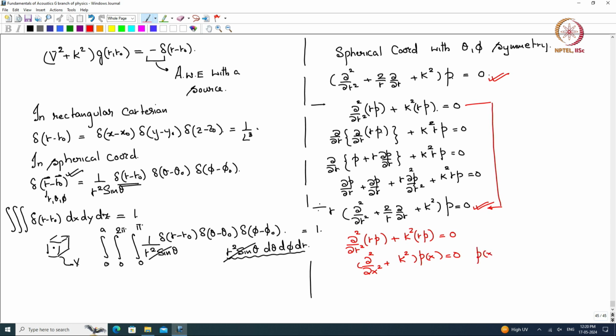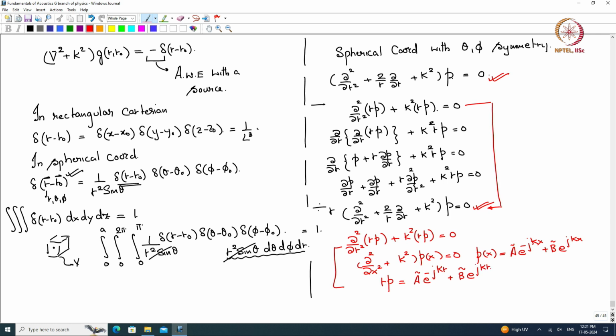Then p of x I can write as A tilde e to the power of minus jkx plus B tilde e to the power of jkx. So in this case I can write rp is equal to A tilde e to the power of minus jkr plus B tilde e to the power of jkr.